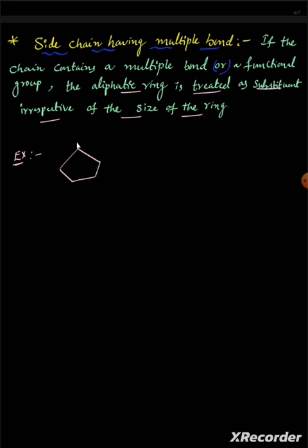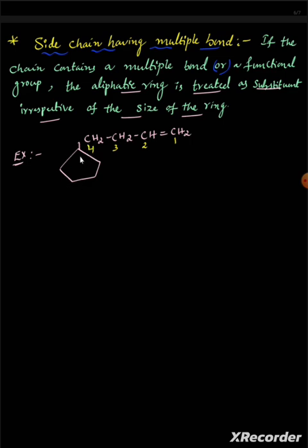Okay, this is cyclopentane. It is connected with the CH2 CH2 CH double bond CH2. Okay, in this compound, this is considered as a substituent. Okay, this is the main chain. Okay, then there is a double bond. Now we are giving numbering for this compound 1 2 3 4.